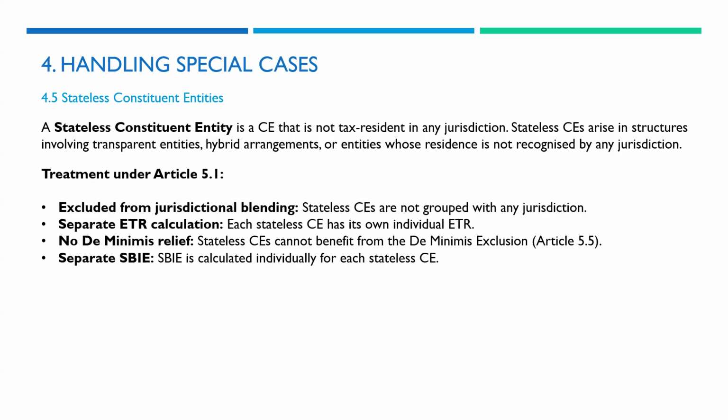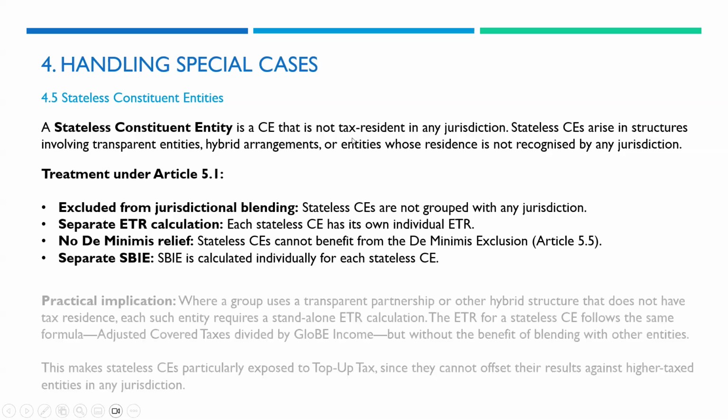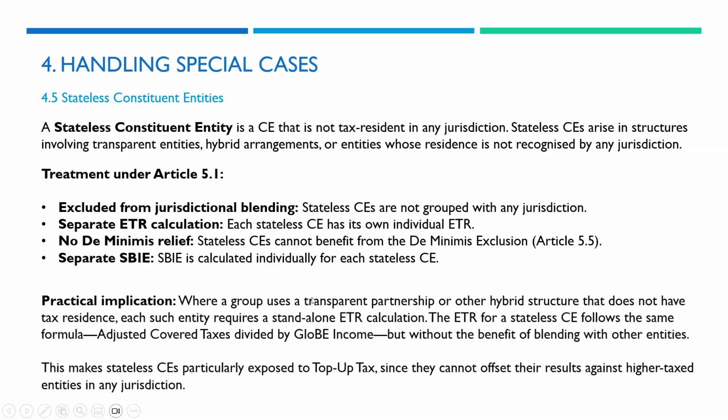So stateless basically means you will not be included in jurisdictional blending. You are on your own. This is the relevance of categorizing an entity as a stateless entity. This is where the importance comes. When a group uses a transparent partnership or other hybrid structure that does not have a tax residence, each such entity requires a standalone ETR calculation.